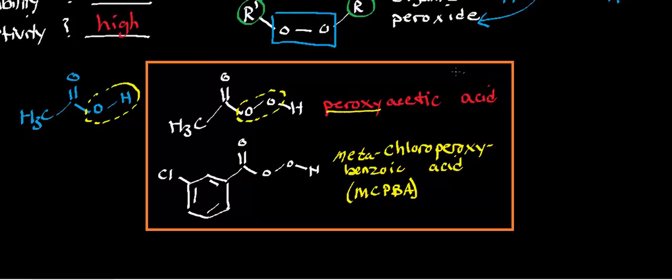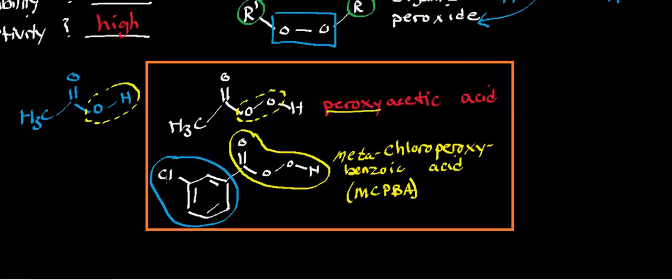Certainly a more complicated molecule that still obviously bears the peroxy acid in it is called metachloroperoxybenzoic acid. The R group is going to be this whole thing over here, this aromatic ring with a chlorine attached, and this is usually abbreviated as MCPBA.